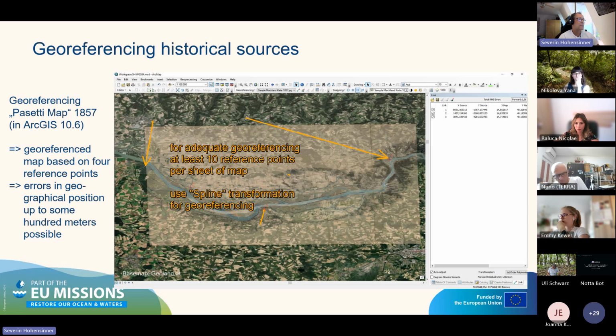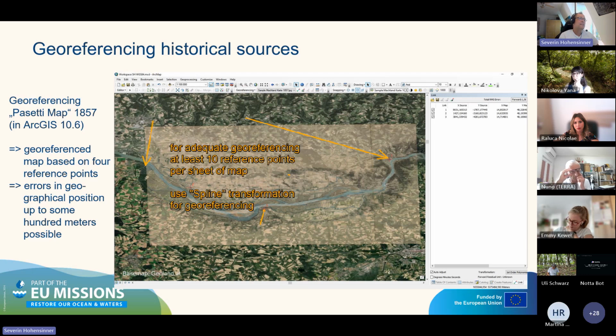What I want to show here is that many only georeference a historical map with 4 reference points, the usual manner. But in this case, like in most cases, you would have errors in the geographical position of up to 100 or some 100 meters, depending on the accurateness of the map.